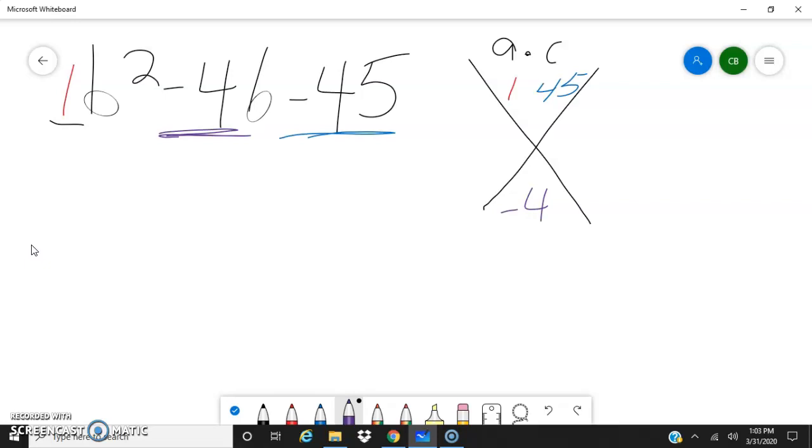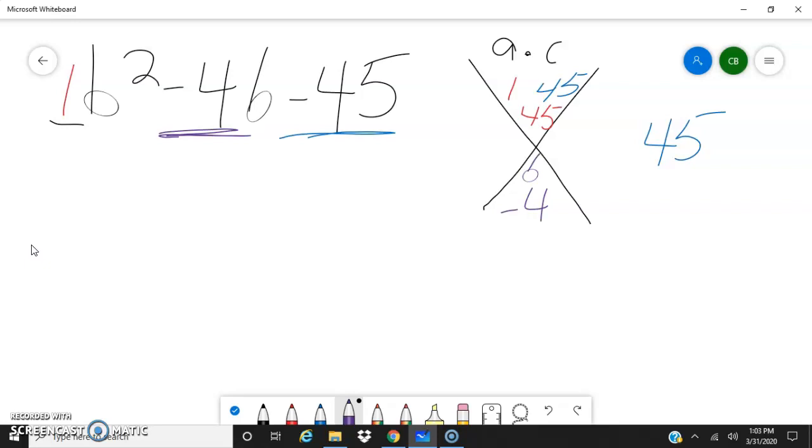If we multiply a times c, we obviously get 45. So now we're looking for factors of 45 that add up to this b part, this -4. B is right there.